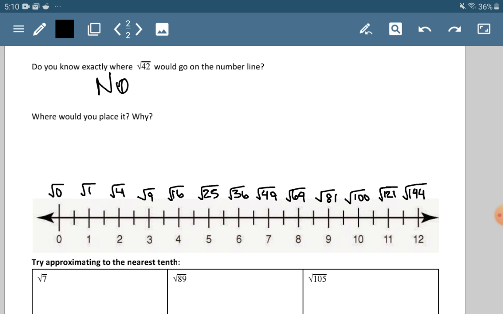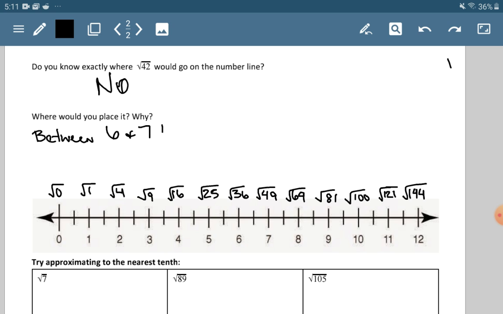These square roots, all the way from 0 up to 144, the square roots of those numbers you should have memorized. If you don't have them memorized yet, you need to get them memorized going forward. As I look at this number line, it can help me figure out where the square root of 42 is going to go. I know that the number 42 is between the number 36 and 49. That means I could place it between the whole numbers 6 and 7.